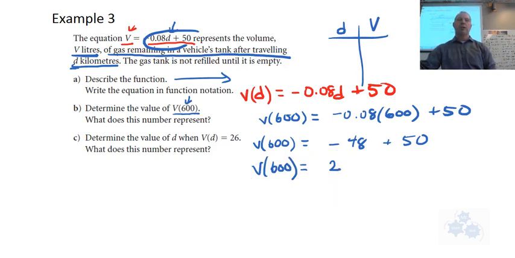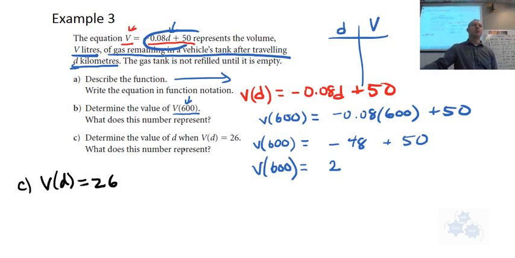All right, finally, this one's not the easiest one, but here's C. Determine the value of D when V of D equals 26. So 26 is the amount of gas remaining.